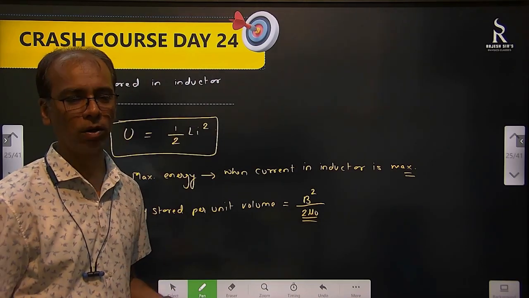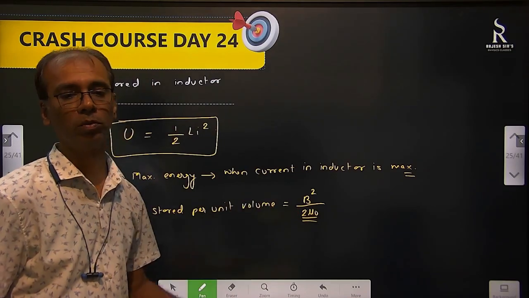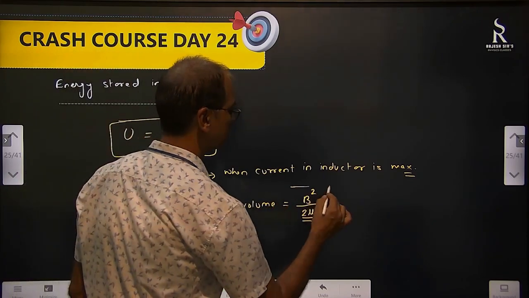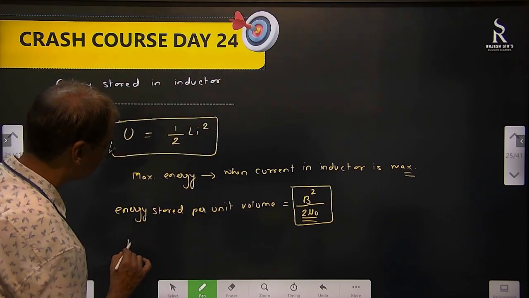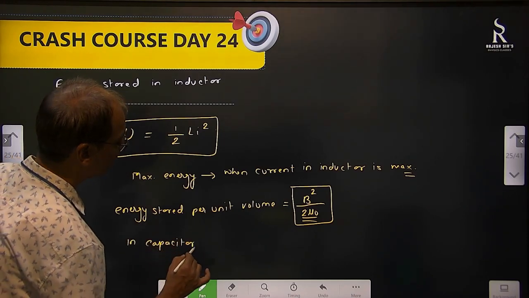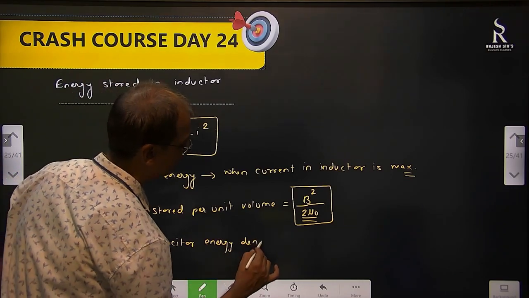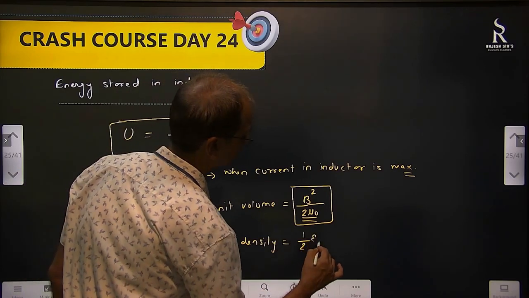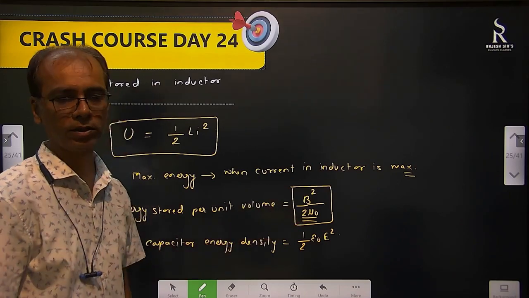Mu naught Ni, we all know that. So (mu naught Ni) whole square by 2 mu naught, that is the energy stored per unit volume. We have to remember energy density. Same way in capacitor, the energy density formula was half epsilon naught E square, where E is electric field strength, here B is magnetic field strength.